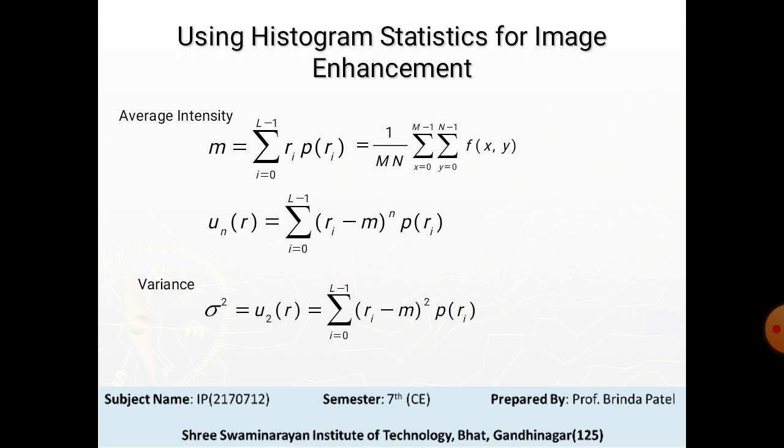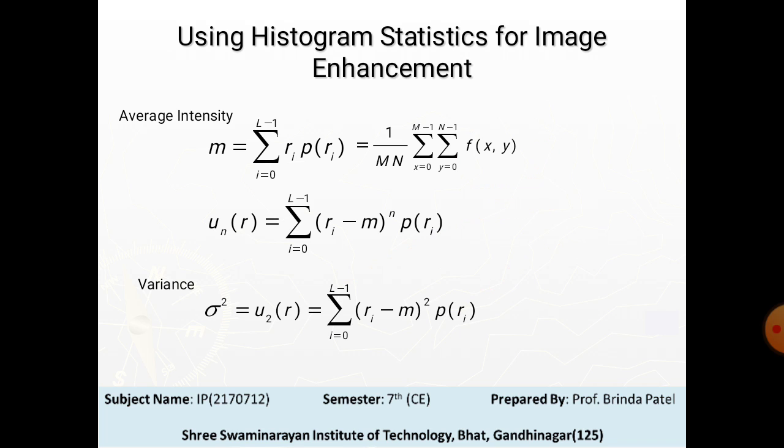So here m = Σ_{i=0}^{L-1} r_i p(r_i) = 1/MN Σ_{x=0}^{M-1} Σ_{y=0}^{N-1} f(x,y). Here (x,y) is the coordinate of a pixel in the image, and S_xy denotes a neighborhood of specified size centered at (x,y).